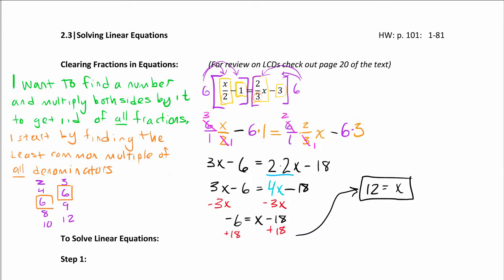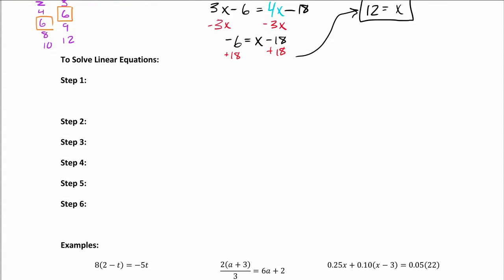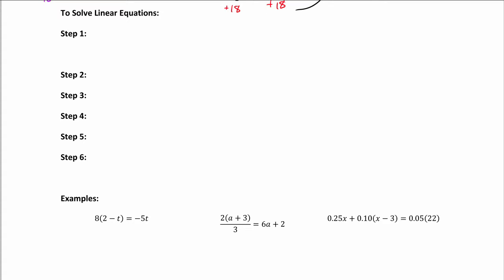Okay, and a lot of the problems in the homework are going to have that fraction clearing step. I'm going to scroll down here. This is a big list of steps for solving linear equations. The first step is, if you have fractions that need to be cleared, clear them.